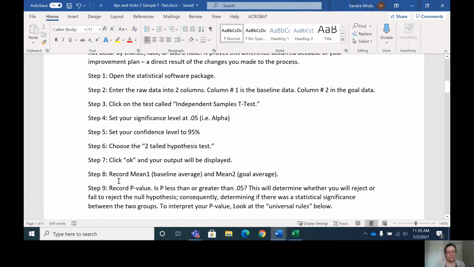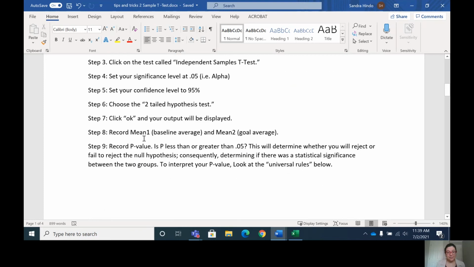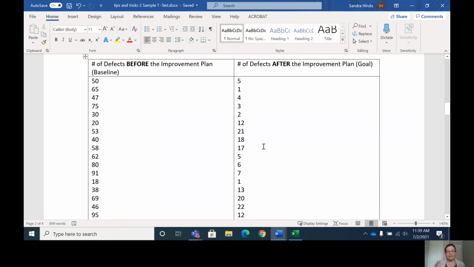A few simple steps that we're going to be doing together today. Remember, the test is called a two-sample t-test. The two samples means there's going to simply be two columns created in Sigma Excel.